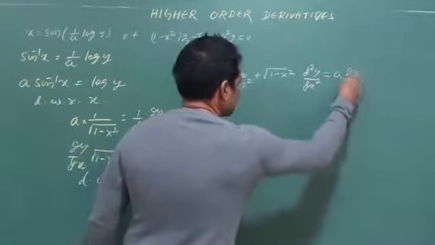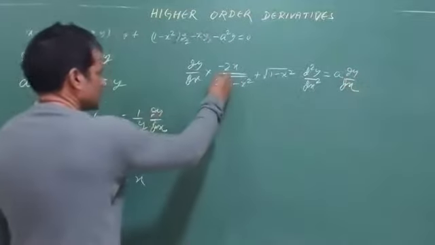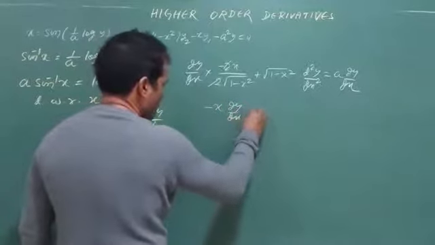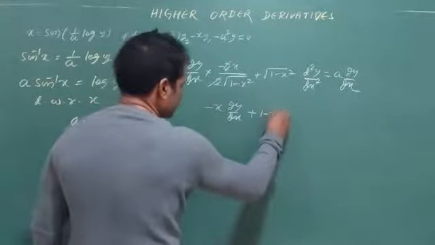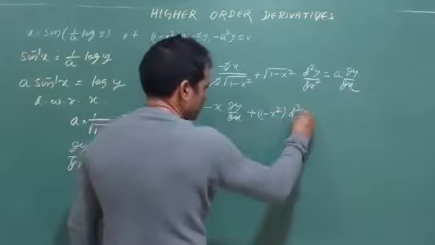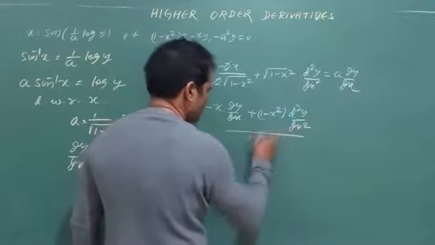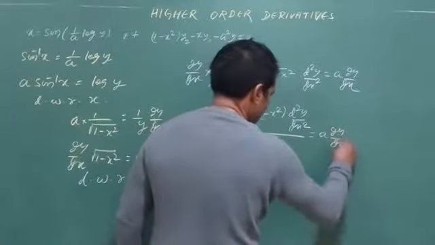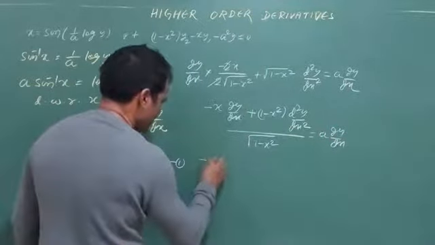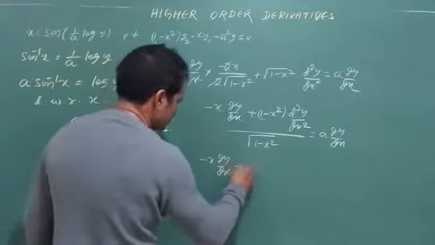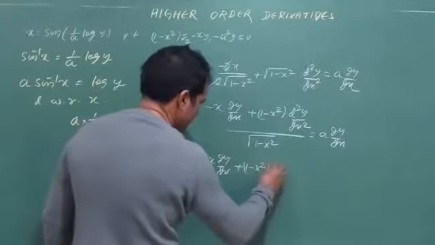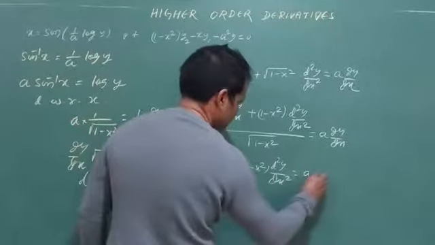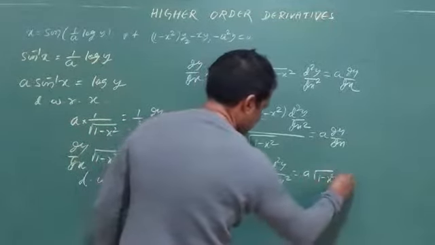Take dy by dx, cancel, take LCM, minus x dy by dx, this is multiplied by 1 minus x square d2y by dx2, by under root 1 minus x square is equal to a dy by dx. Now cross multiply: minus x dy by dx plus 1 minus x square d2y by dx2 is equal to a into under root 1 minus x square dy by dx.